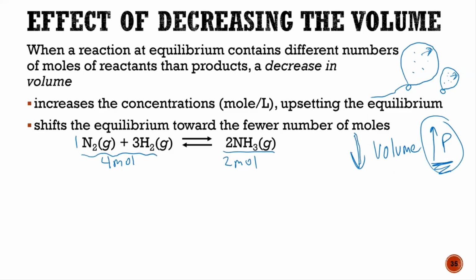So how can I decrease pressure? I have to figure out a way to decrease the number of collisions to compensate. So how can I decrease the number of collisions? I'm going to shift to the side that has fewer moles of gas.